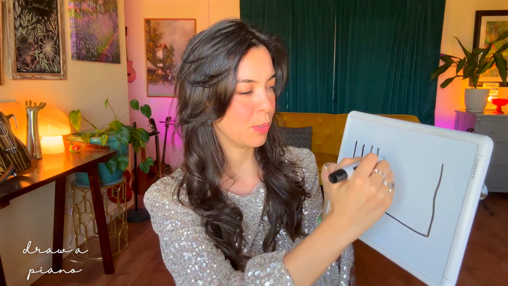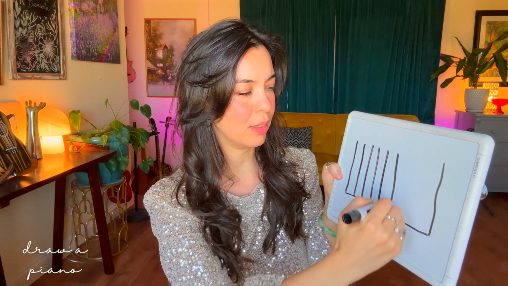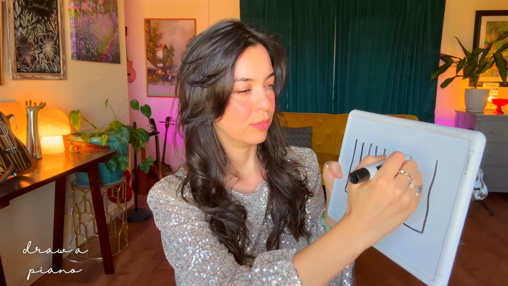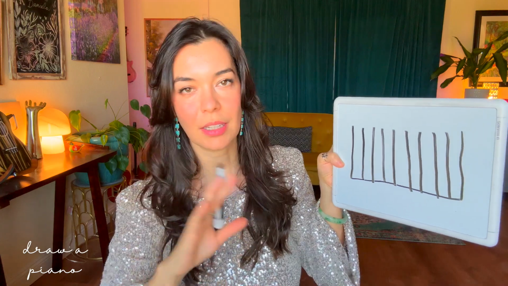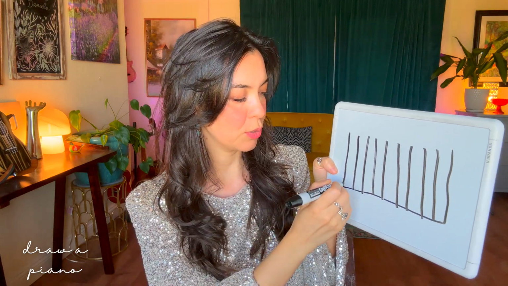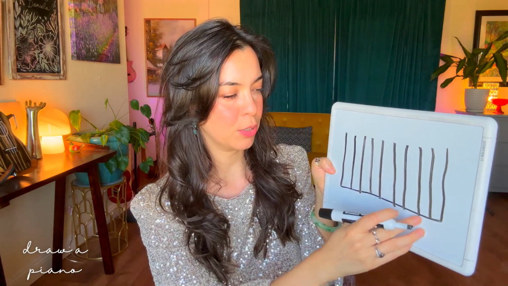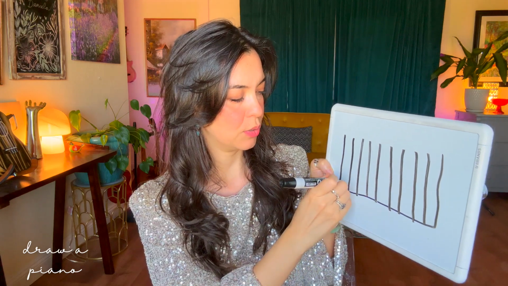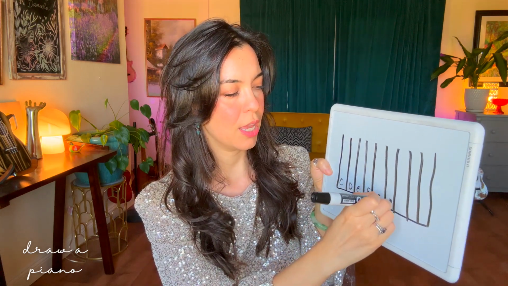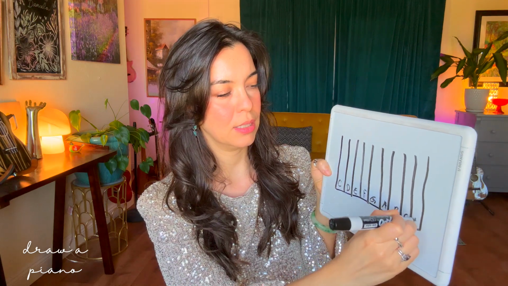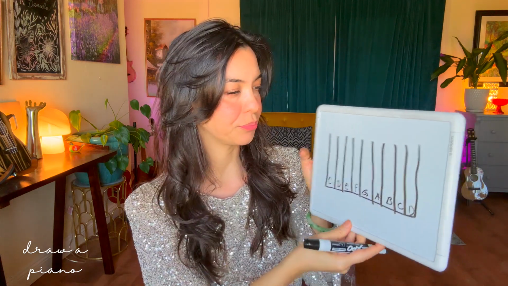They just need to be wide enough for you to be able to write a letter. Here we are. Mine are not very even, that's okay. And so I'm going to write the musical alphabet starting from C. So C, D, E, F, G, A, B, C, D, and I would keep going.